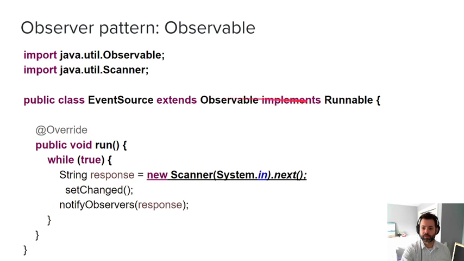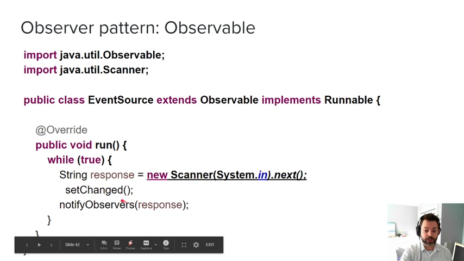It extends Observable and implements Runnable, so your standard Java boilerplate at the top. While our program's running, we may implement a scanner, and if we have gotten a response, we will set that our observer state has changed. So our subject has changed by calling setChanged, and then we're going to notify our observers.